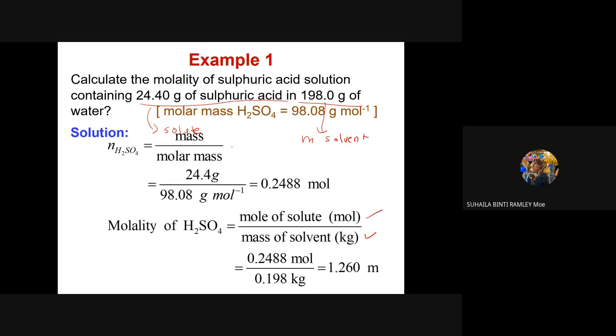The solute is given in mass, so divide by MR first. MR for H2SO4 from the periodic table. Calculate to get the mole, then substitute the mole in the formula. Then convert mass of water to kg. So 0.198 kg. Then we have this as the final answer.